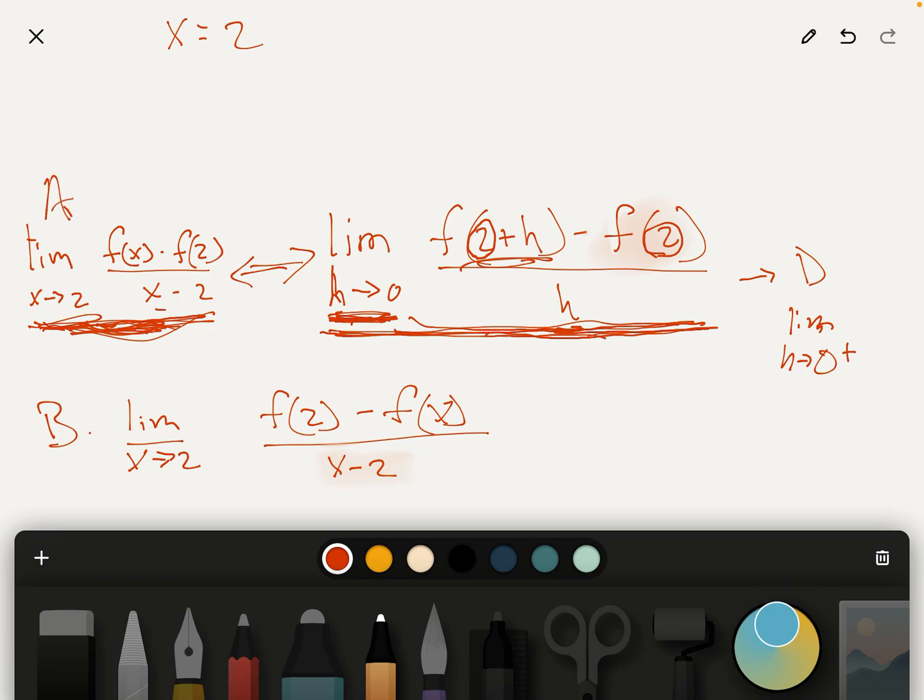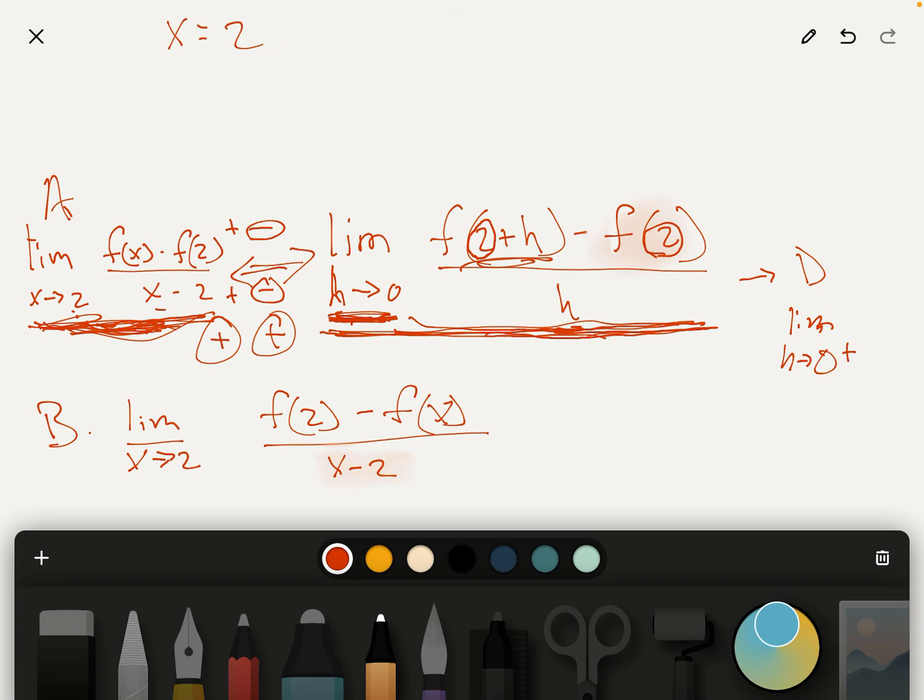If x approaches 2 from the positive side, then the numerator is going to be a positive number as it approaches the limit, and the denominator is going to be a positive number as well. So the slope, or the derivative, is going to be positive, right? And vice versa, if you approach 2 from the negative side, the numerator would be negative, and the denominator would be negative, and you'd still wind up with a positive value for the derivative, the slope.